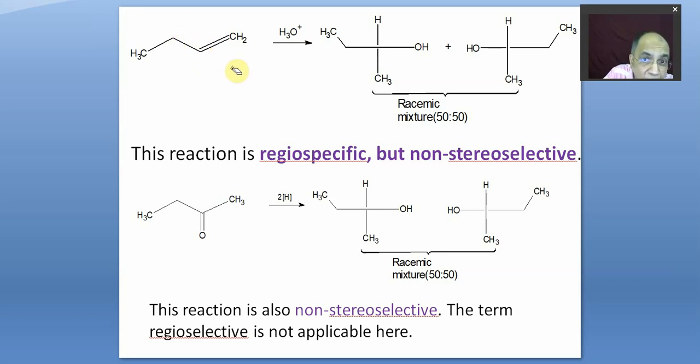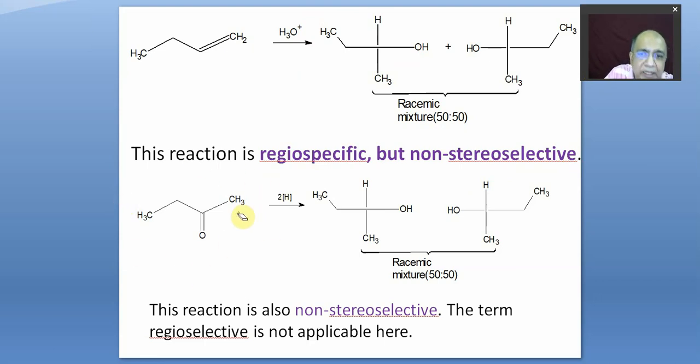So butan-2-ol, but looking to the two different butan-2-ols, that is R-butan-2-ol, S-butan-2-ol, D-butan-2-ol, L-butan-2-ol, you find it is a 50-50 mixture. So it is non-stereoselective. Had it been 70-30, 60-40, 80-20, then it would have been a stereoselective reaction. But the reaction is regiospecific because the other structural isomer, butan-1-ol, doesn't form.